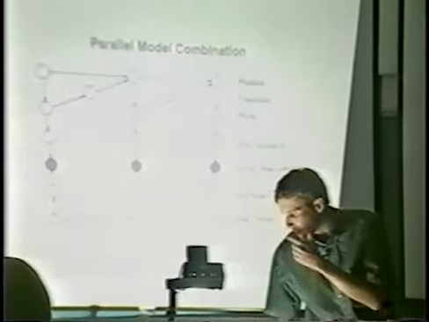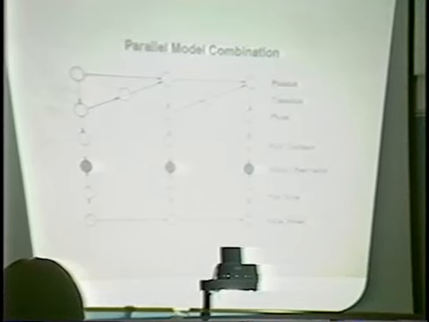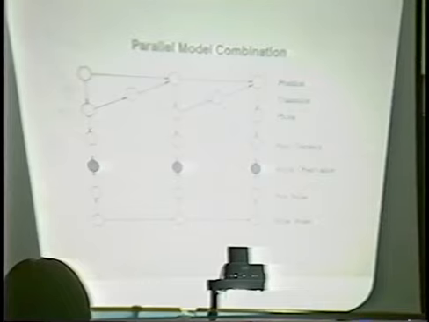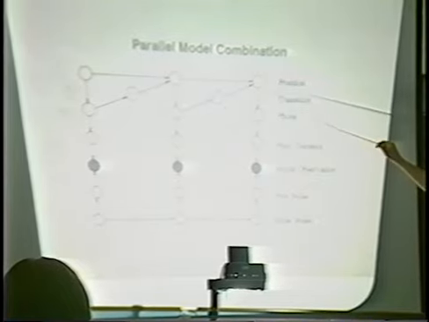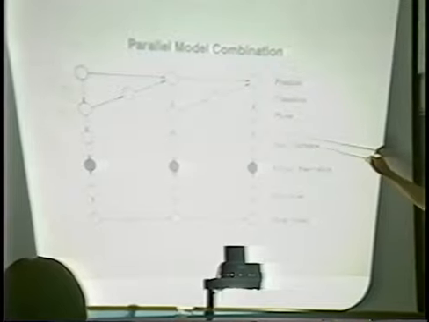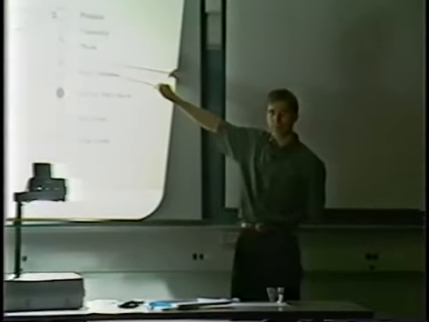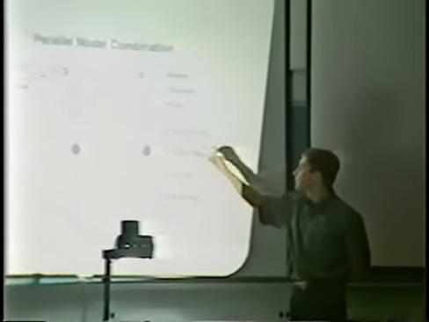Another model that you can express in this format is parallel model combination. And the idea here is that up on top, you've got a standard HMM that is producing an acoustic stream that's uncorrupted speech, pure utterance.